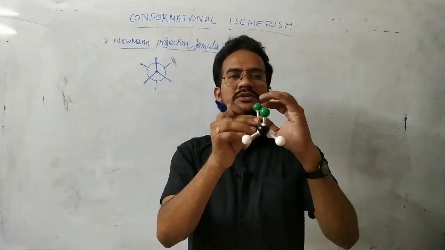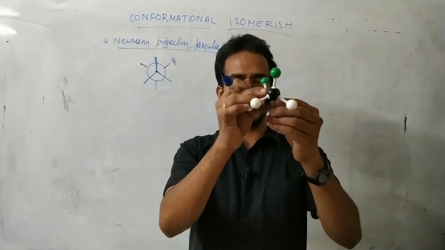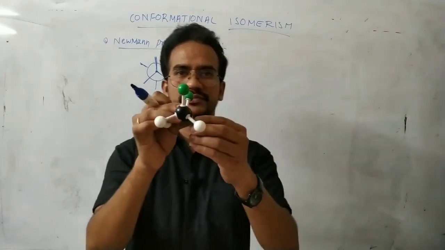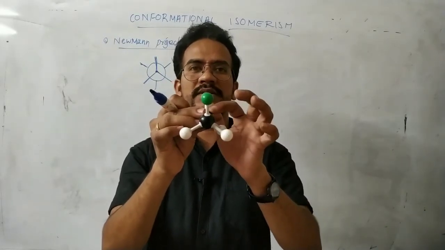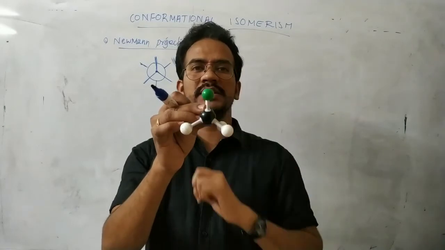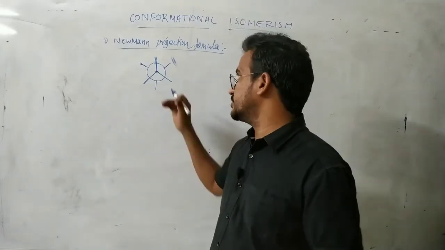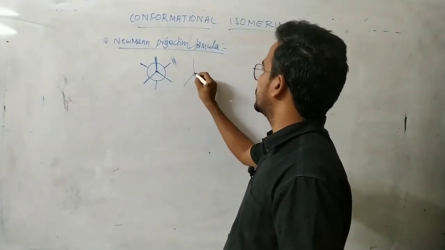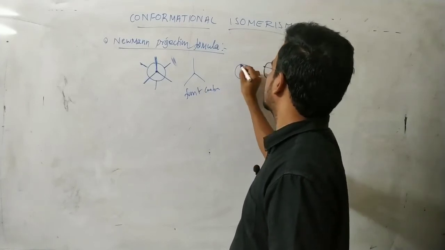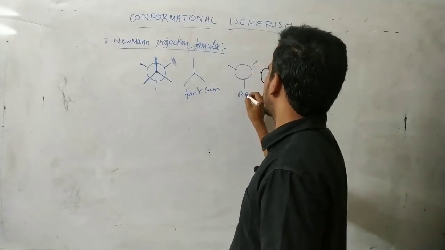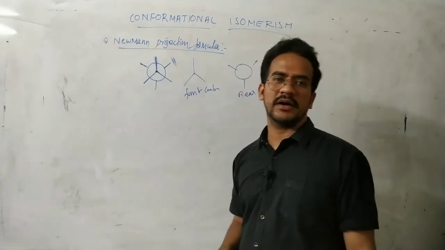If you observe this molecule, like ethane, in this direction, we can see only the front carbon, but not the second carbon, that is the rear carbon. That's why it is denoted by the circle, and this is the point carbon. That is a Newman projection. The point is the front carbon and the circle is the rear carbon.